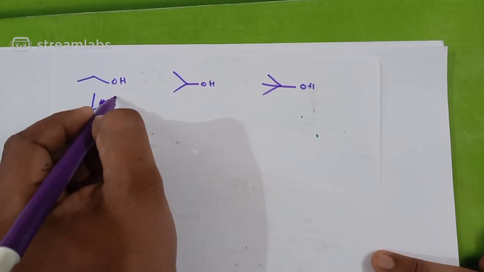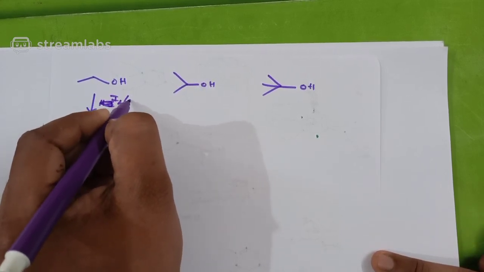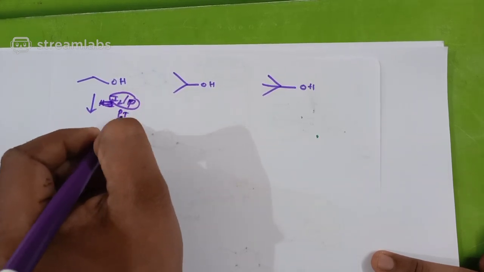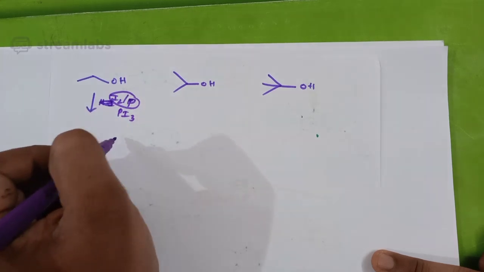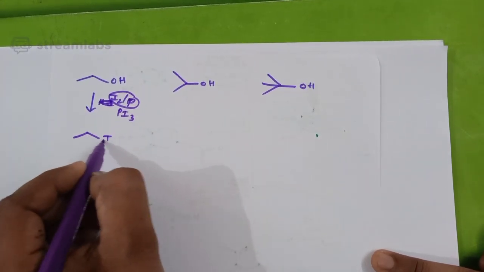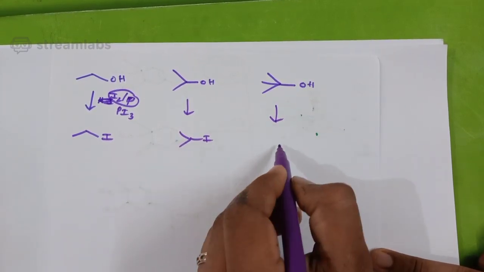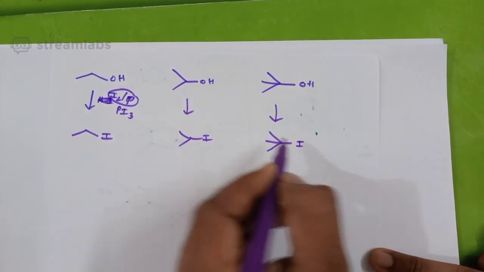So instead of that I can take I2 with phosphorus, because I2 with phosphorus gives PI3. PI3 reacts with alcohol, it gives iodide. Okay, here also the same iodide, here also the same iodide. Substitution I took.